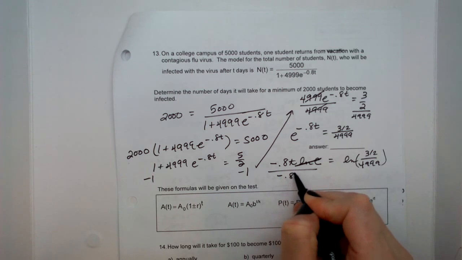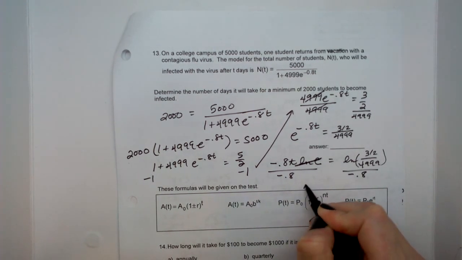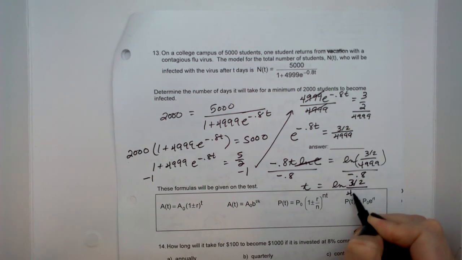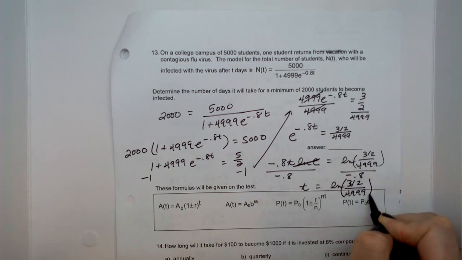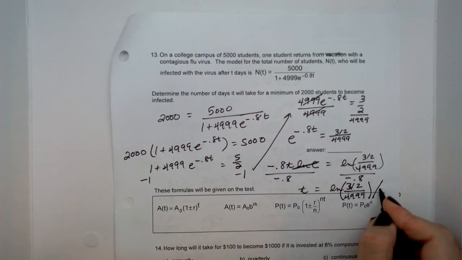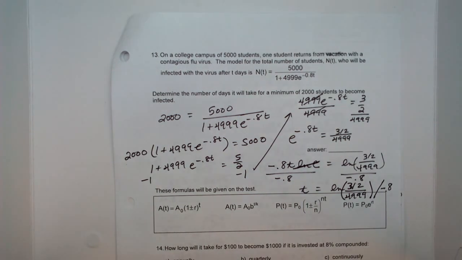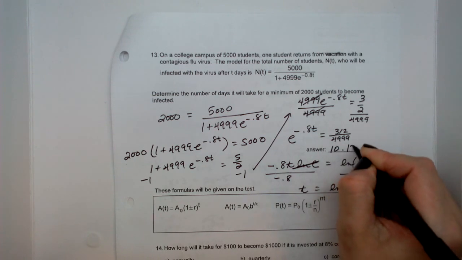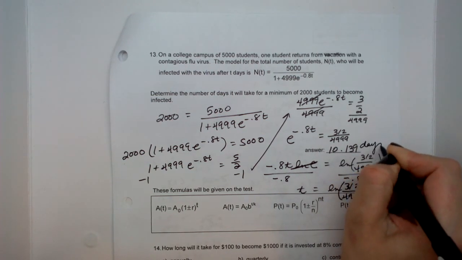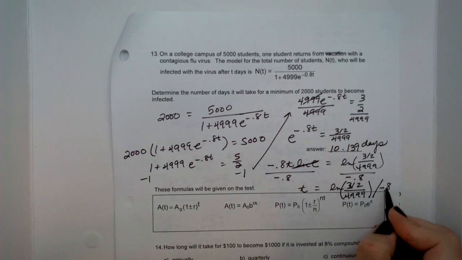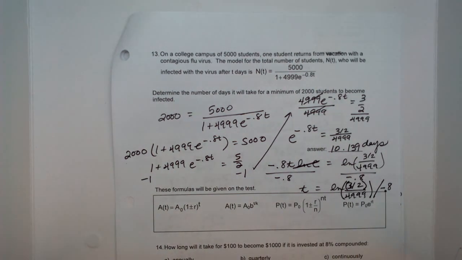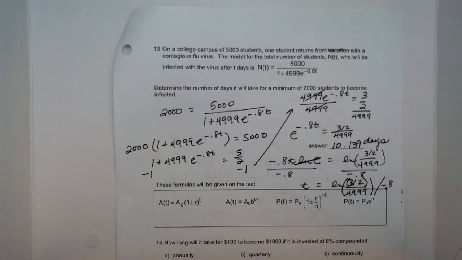Let's divide by negative 0.8, and I'm done. So t is equal to the natural log of 1.5, which is 3 over 2, over 49.99, divided by negative 0.8. Okay. And when you put that in the calculator, you should get 10.139, and that's days. Okay, when you put that in the calculator, make sure you put your fractions in parentheses so that it'll use the correct order of operations.